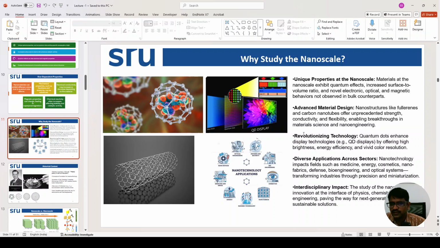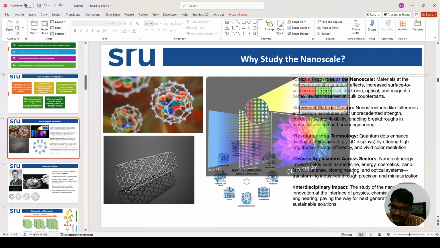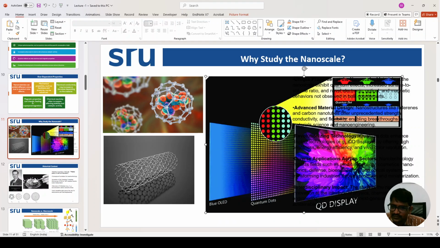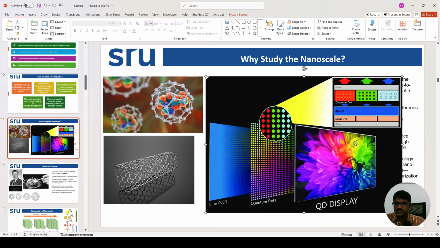Right. The next application, revolutionizing technology. Quantum dots enhance display technologies, quantum dot displays, by offering high brightness, energy efficiency, and vivid color resolution. For example, if you see this one, this is a quantum dot display. Nowadays, I think Samsung and LG brands provide these quantum dot displays.